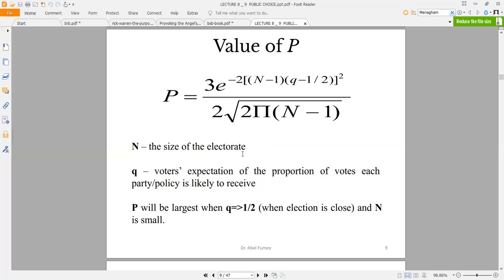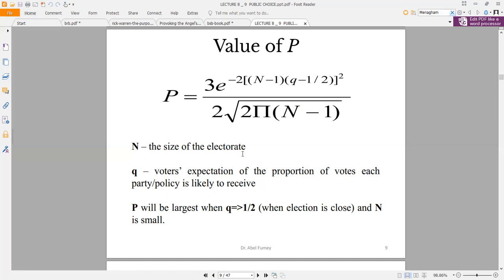So the higher the value of P, the more tight the election was or will be. And we are saying that P becomes largest when Q is greater than or equal to half, and N is very small. If the number of people engaging in the voting process is very small, then yes, your vote will more likely be decisive. If the number of people engaging in the voting process is not many, then your voting will actually count.